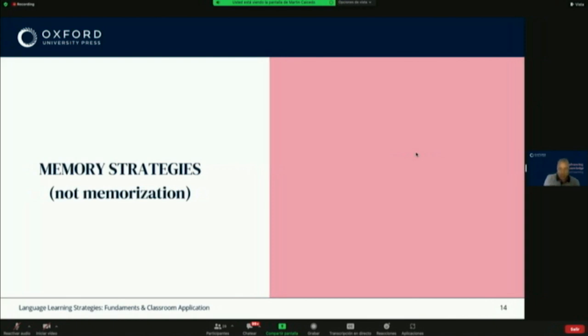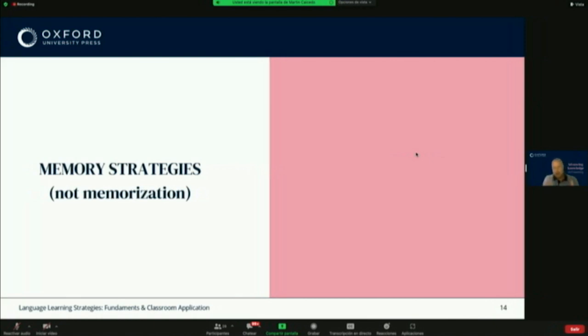Memorization is easily deleted, and there is little or no application of knowledge. This is crucial: understanding that one thing is for our students to memorize, and another thing is for them to use memory strategies.